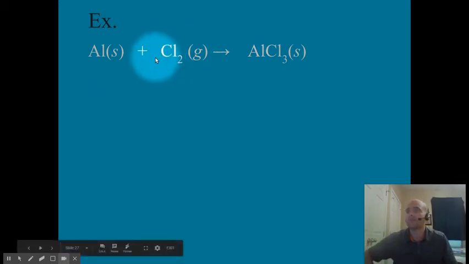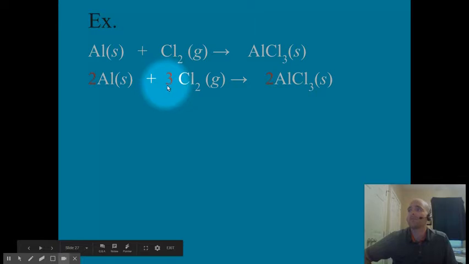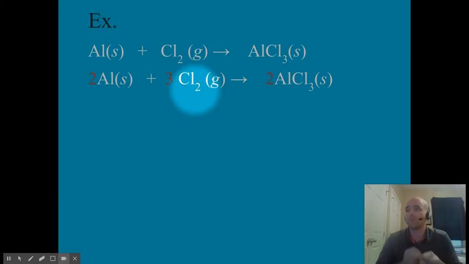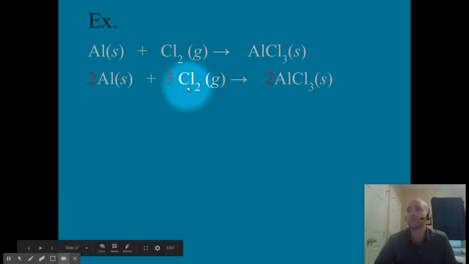Remember, you take the coefficient and multiply it by the subscript, and that will give my total number of atoms included. So that means that there are 6 chlorines here, 6 chlorines here, 2 aluminums and 2 aluminums.